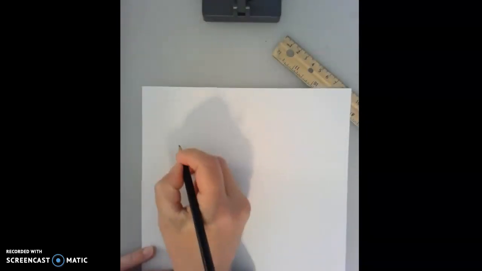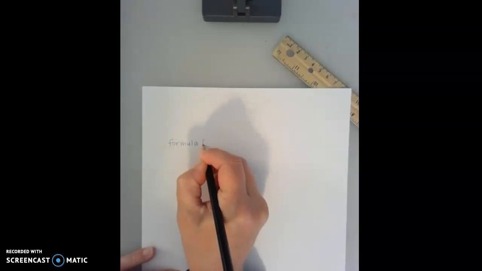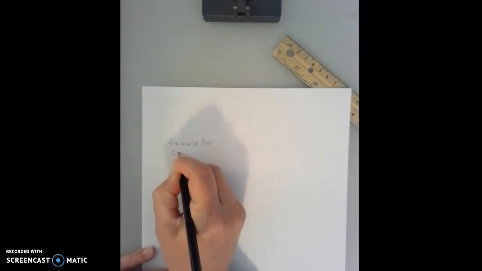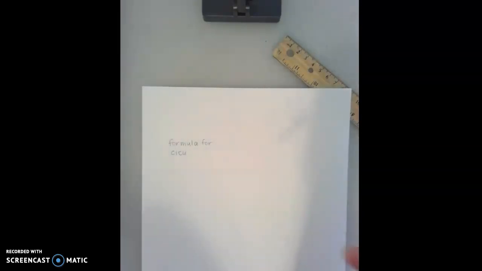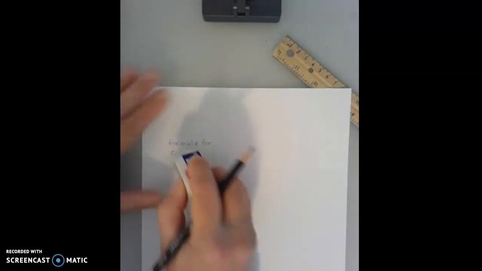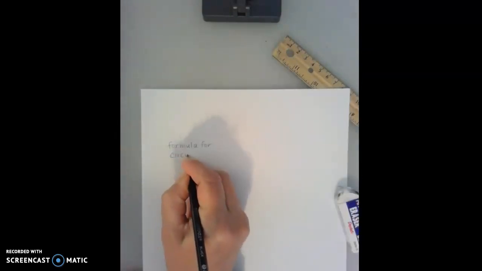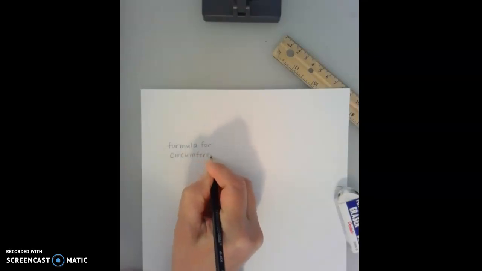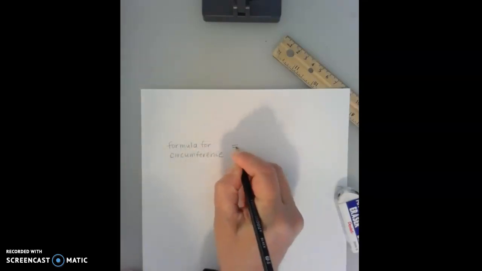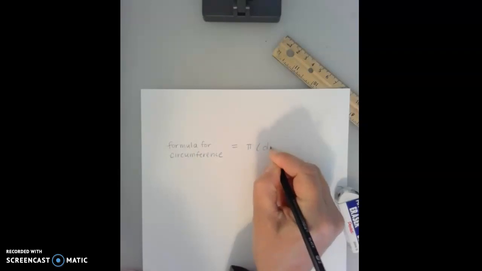In this particular case, what we're using is the fact that the formula for the circumference of a circle, oops, lost my eraser, is pi times the diameter.